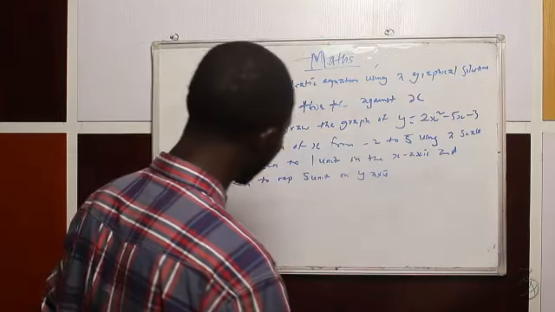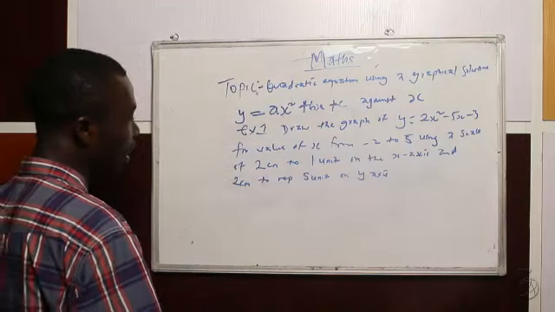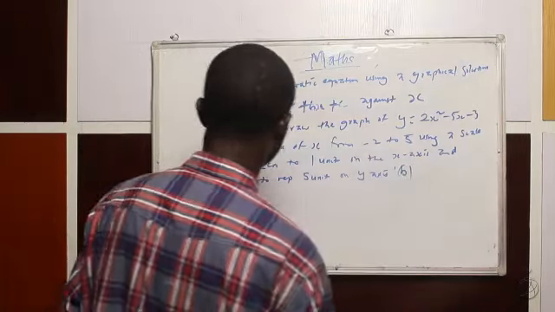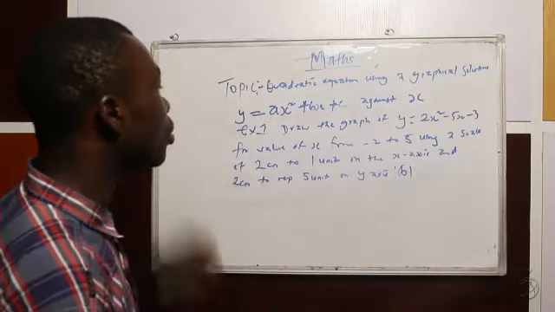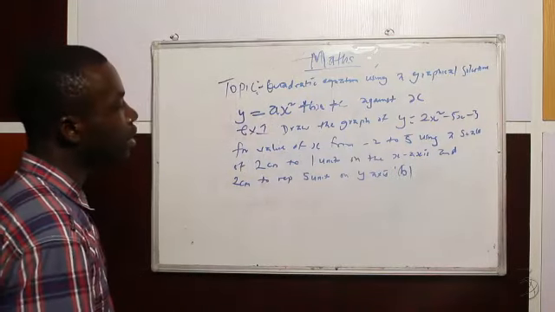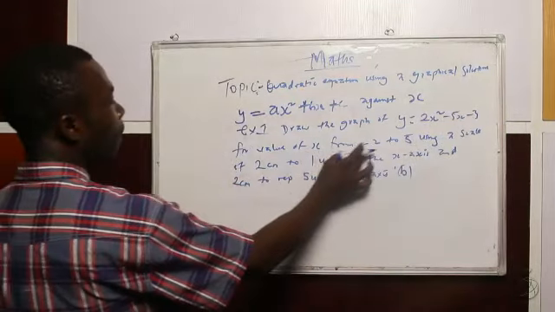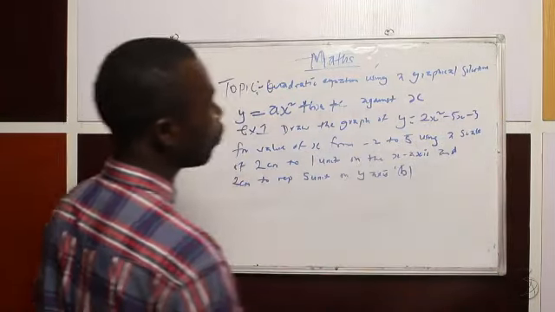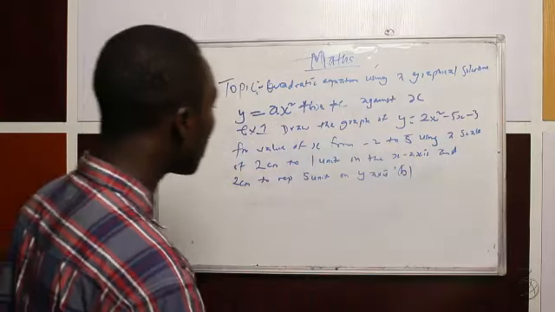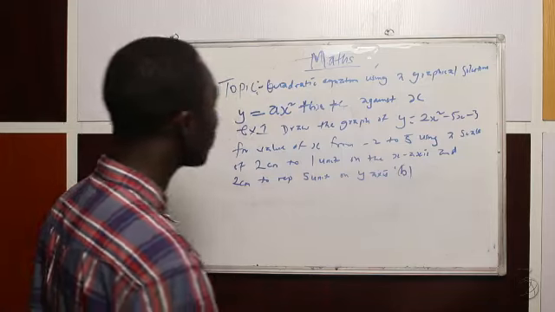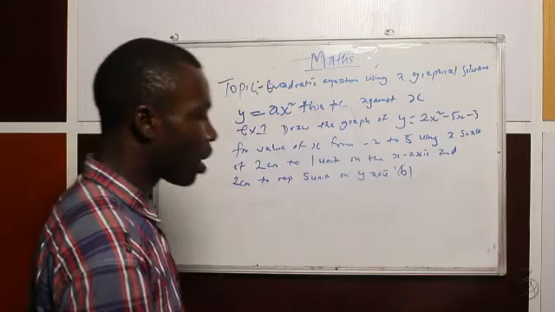Now, the question still proceeds, that's the B part of the question. The first part of the question is for us to draw the graph of y equal to 2x squared minus 5x minus 3 for values of x from minus 2 to 5 using a scale of 2 centimeters to 1 unit on the x-axis and 2 centimeters to represent 5 units on the y-axis.